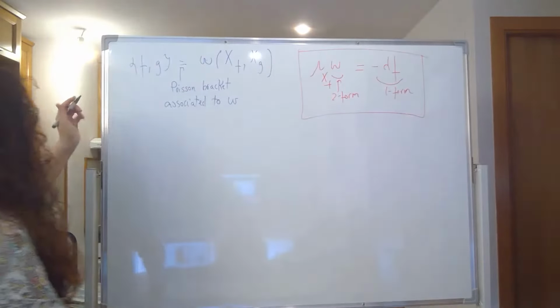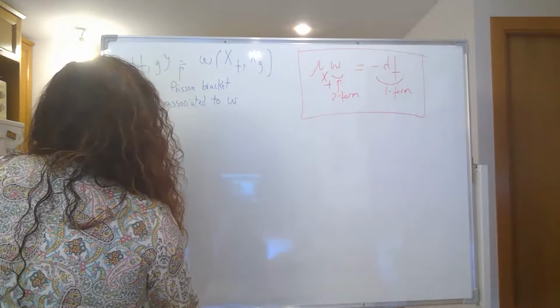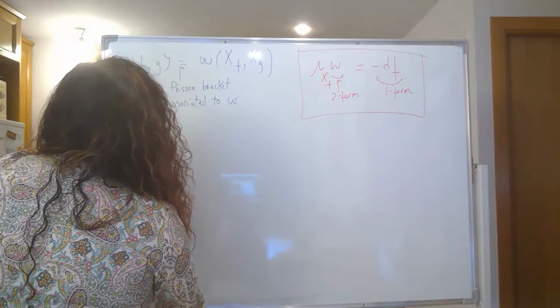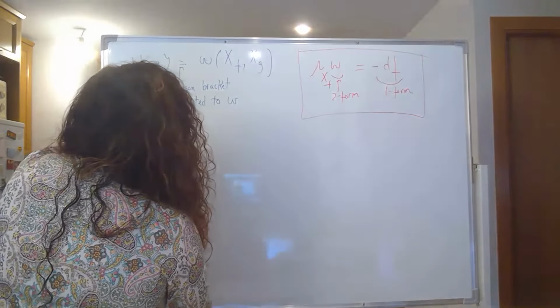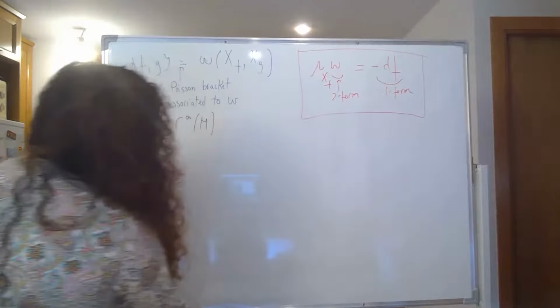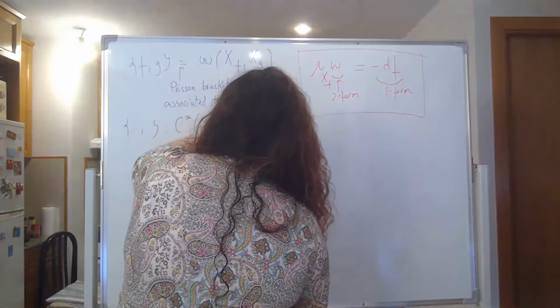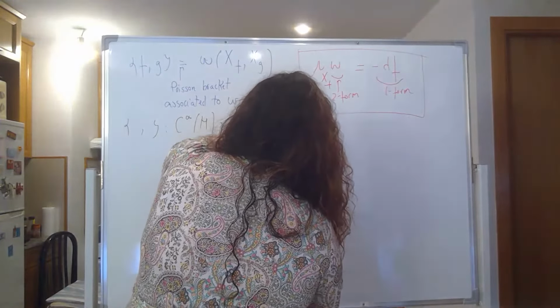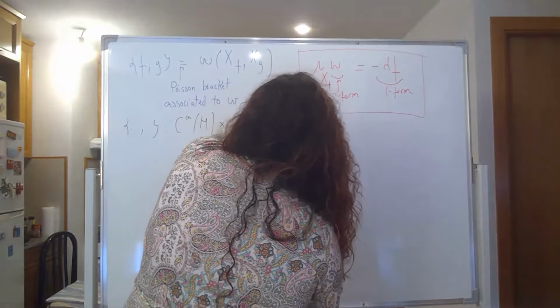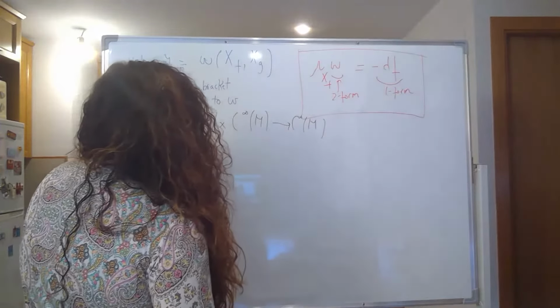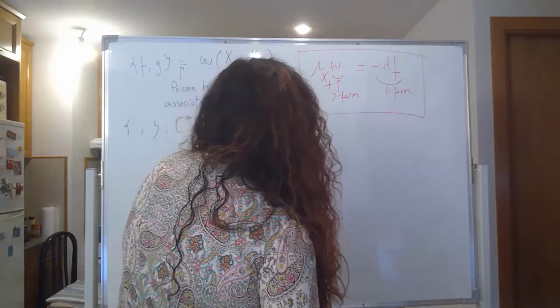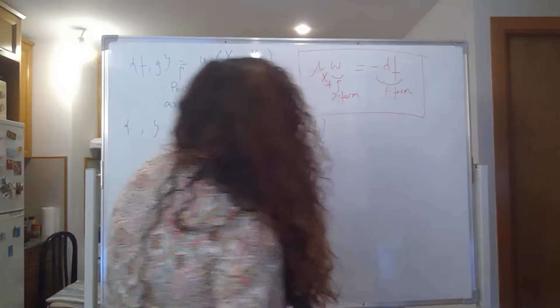So remember that this is something I left in my last video, that if I look at this, I can think of this as an assignment that assigns for a couple of functions just the bracket. Okay?